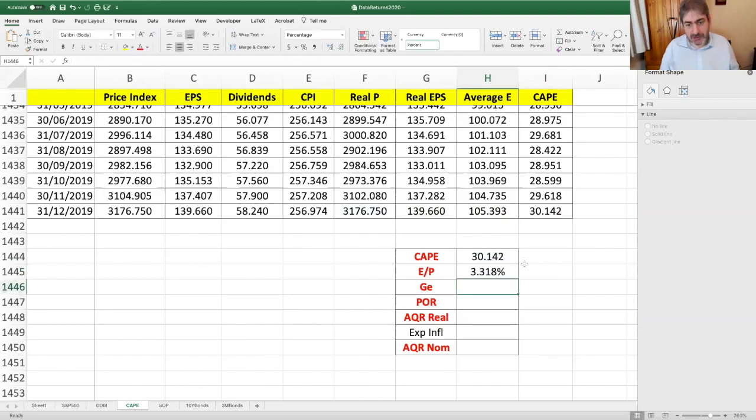Okay, it's 3% in percentage point. So this is the earning yield. The earning yield is 3%. That's E over P, the average EPS divided by price.